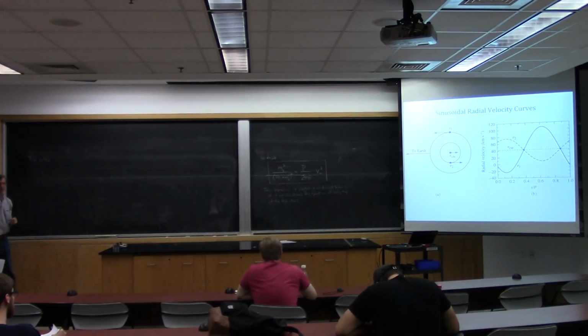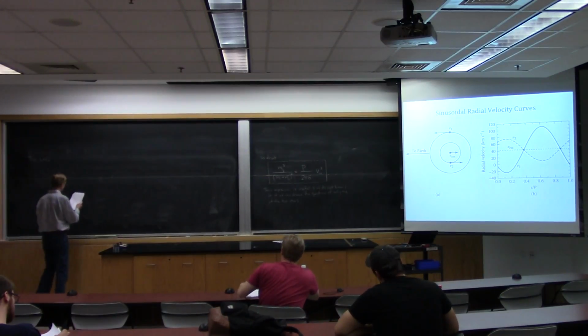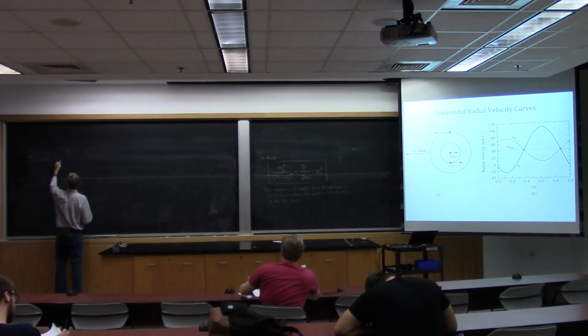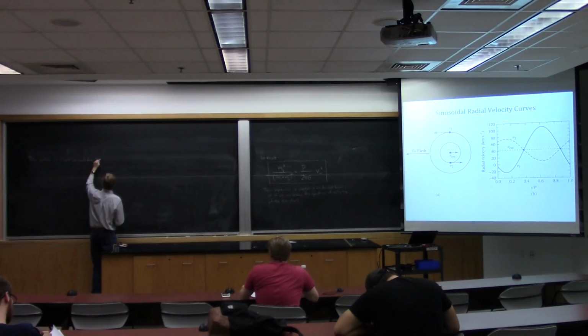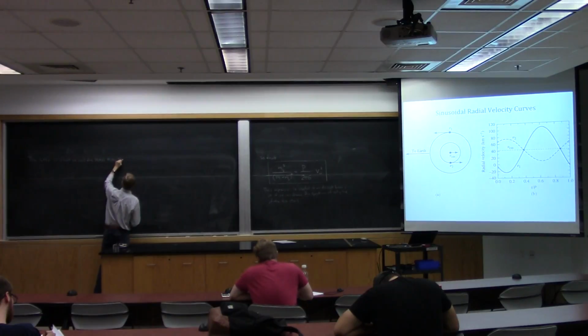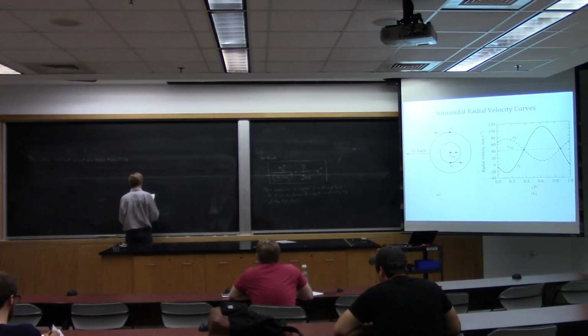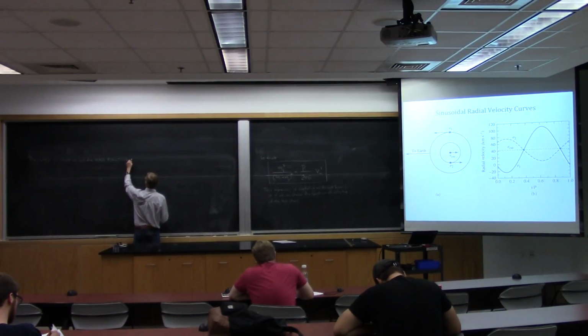The left-hand side is what we call the mass function, while the right-hand side depends on readily observed quantities for one star only.